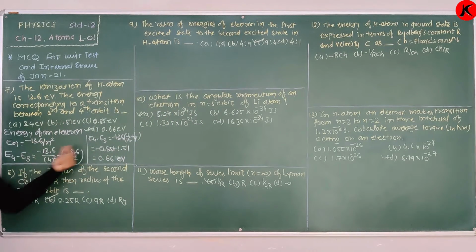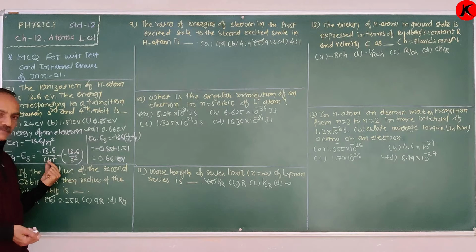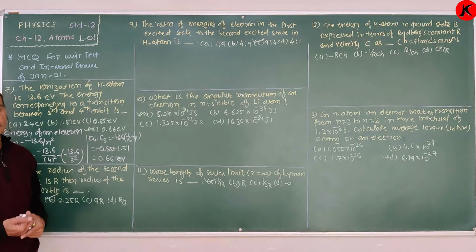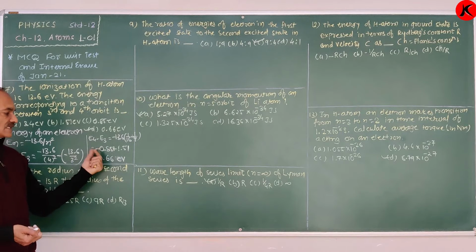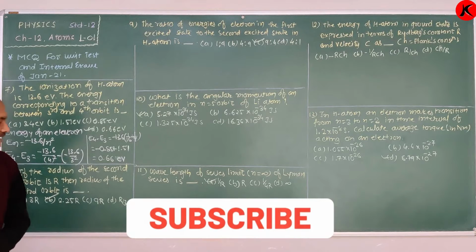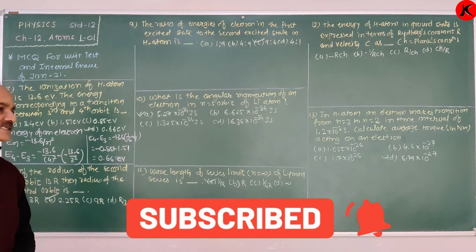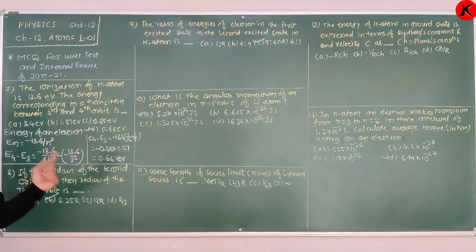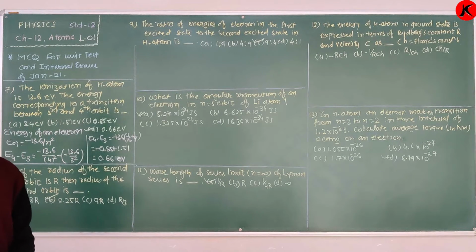Minus 13.6 is common, therefore 1 by 16 minus 1 by 9. Simplification of this gives minus 0.85 plus 1.51, therefore 0.66 electron volt energy is required to make the transition from third orbit to the fourth orbit.